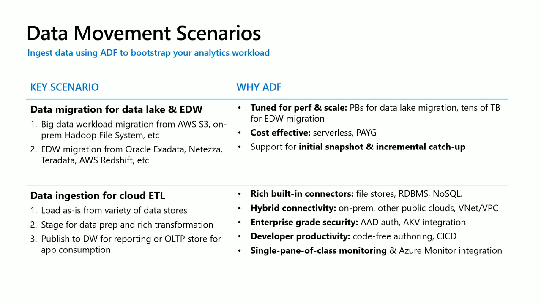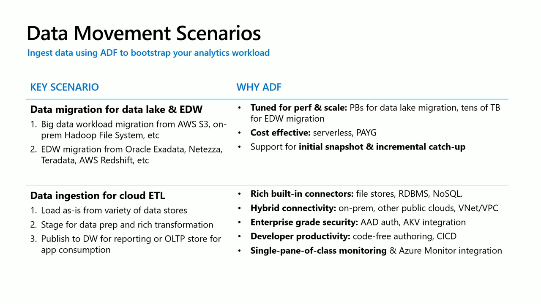Some of you may have an existing data warehouse or data lake sitting either in another cloud like Amazon or Google, or sitting on-prem, like on-prem Hadoop. Or you have an enterprise data warehouse like Oracle or Netezza sitting on-prem, and you want to move those analytics workloads onto Azure. The first step there is to move the data from those sources into Azure.